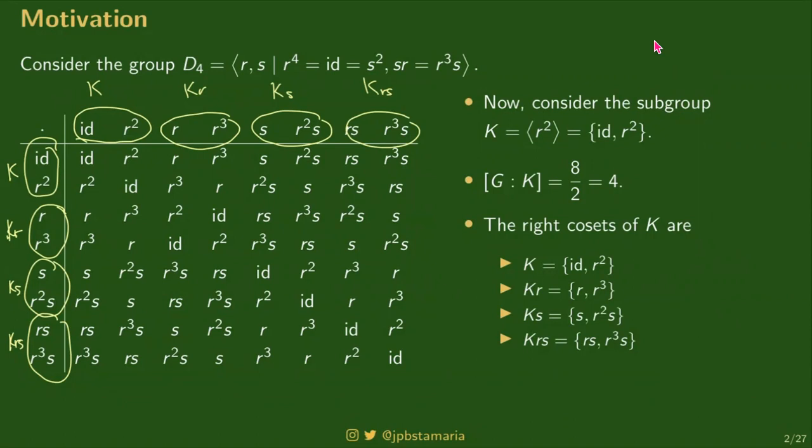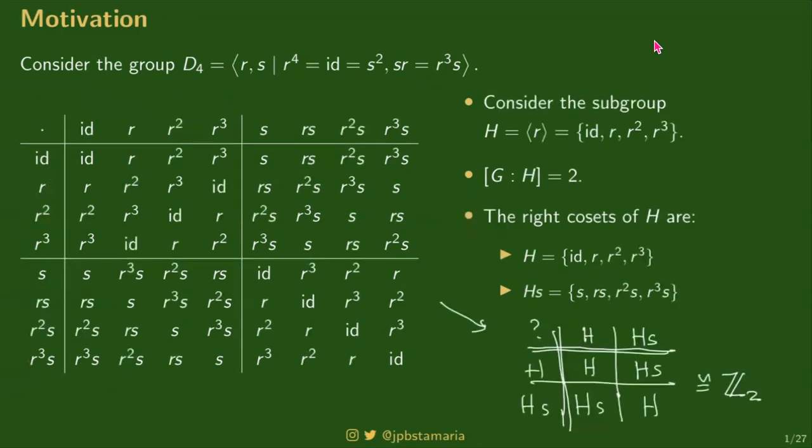Okay, sige, to lead you to something, let's look at the previous example. Ano nangyari sa previous example? Nagkaroon tayo ng 2x2 blockings kasi nga may dalawa kang cosets. Sige, this time, anong meron?